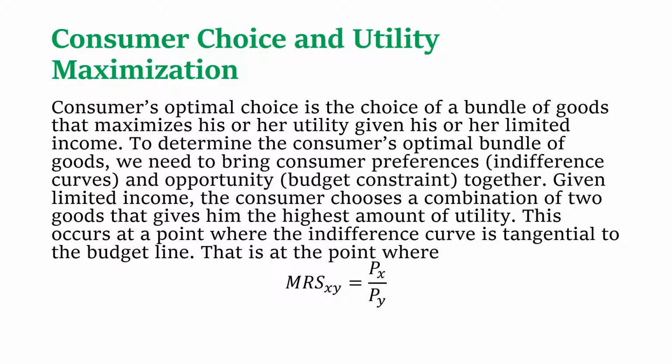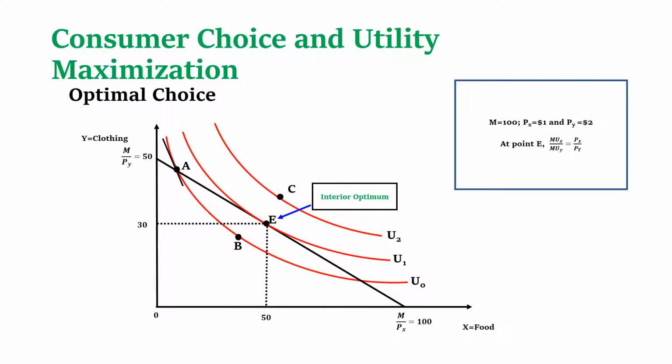With this limited income, this occurs at the point where the indifference curve is tangential to the budget line. That is the point where the marginal rate of substitution of X for Y is equal to the relative prices of the two goods, right?